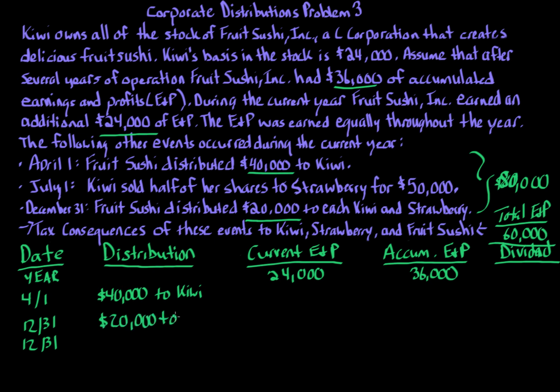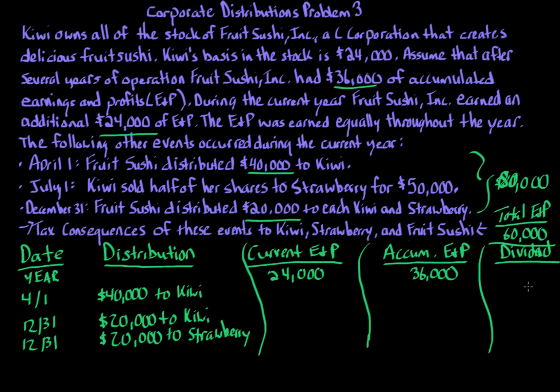We have $20,000 to Kiwi and $20,000 to Strawberry. Now we can start to do our analysis for current year E&P and what's actually accumulated E&P. We can total that, and whatever portion there is considered the dividend. And that's the important part, the dividend.